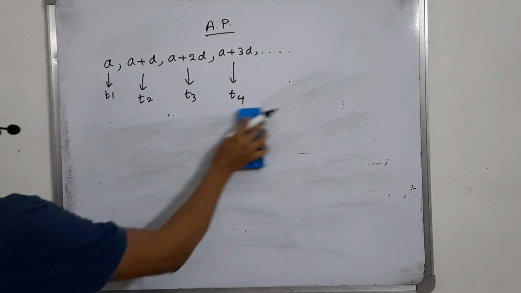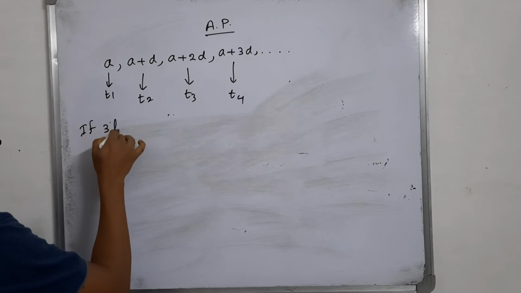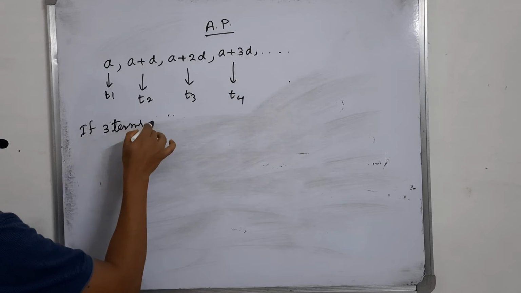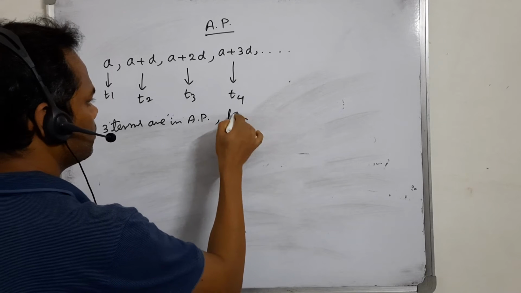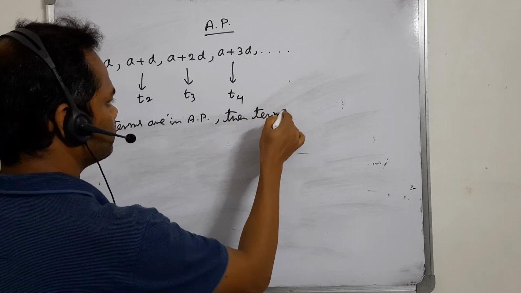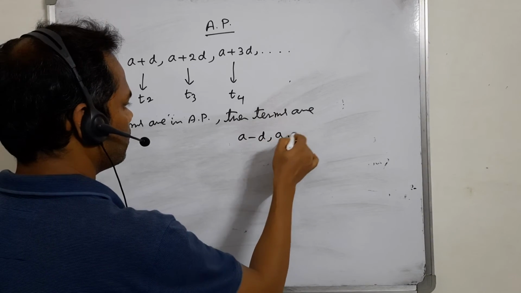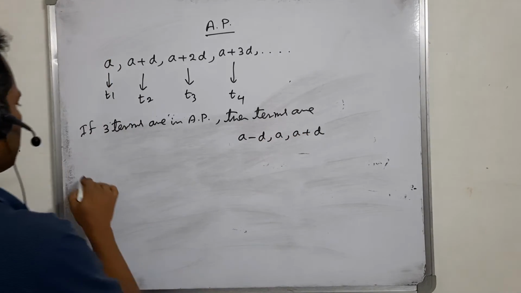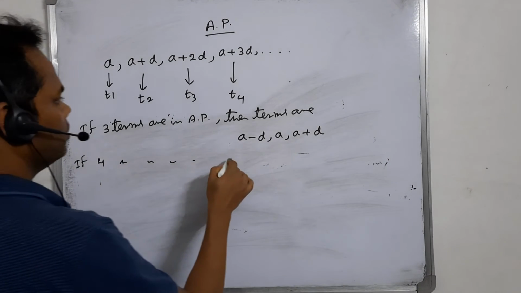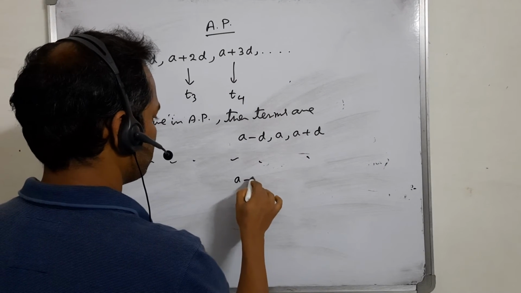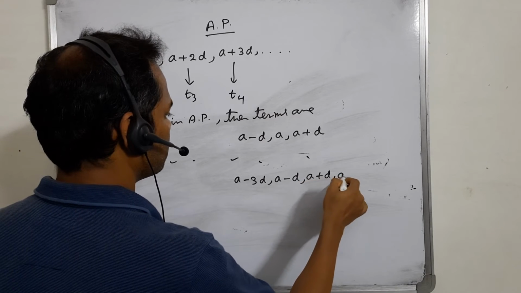In the next part, if three terms are in AP, then the terms are A minus D, A, A plus D. If four terms are in AP, then the terms are A minus 3D, A minus D, A plus D, A plus 3D.